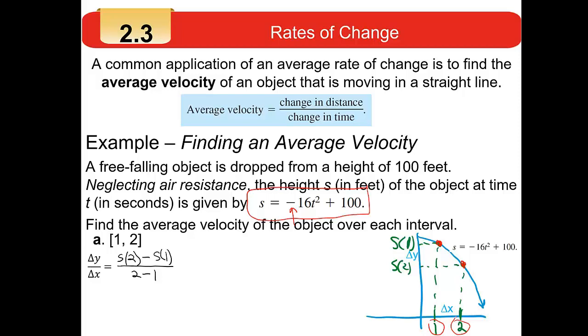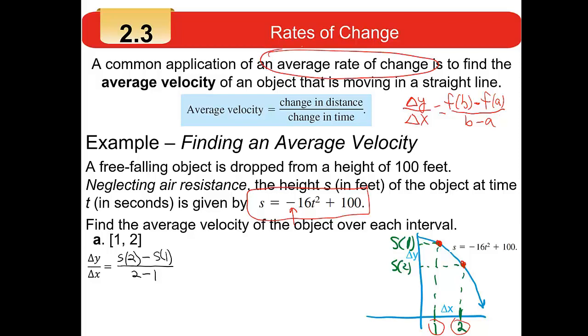Remember the formula when you're going on an interval a to b for a function f. It's f of b minus f of a over b minus a. That's the formula for the average rate of change.